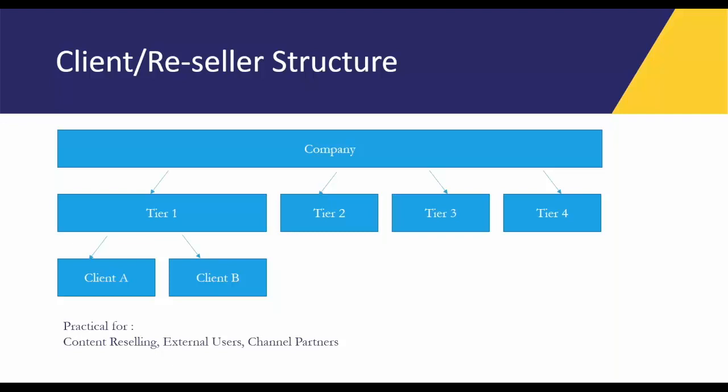So within the overarching department of a company, we can then have different tiers perhaps that we want to segment our clients into, or we can have clients underneath those tiers, however you'd like to slice and dice that, but that's the example we used here. We have 4 tiers and then a couple of clients branching out from there.